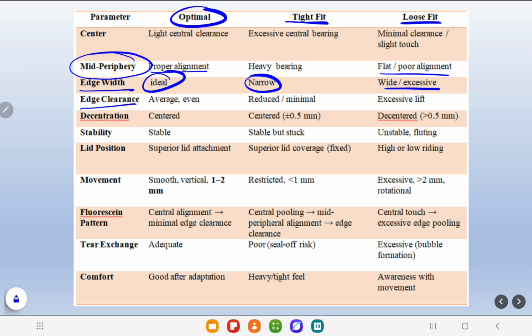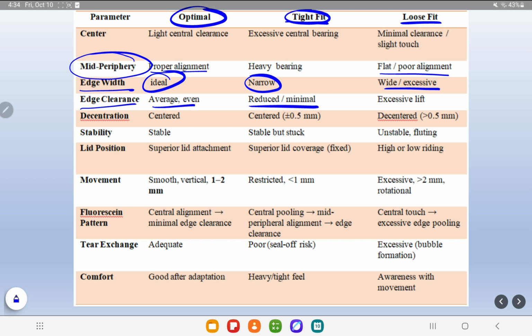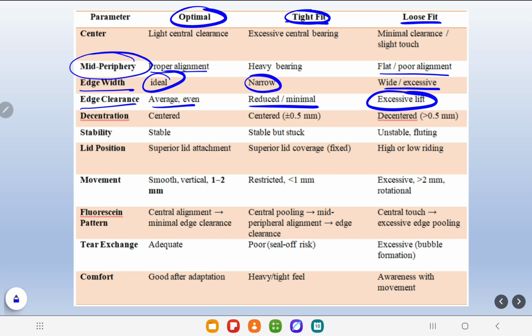Edge clearance is average for optimal, very reduced or minimal in tight fitting, but excessive in loose fitting. If this excess is even higher, you can see a bubble there. For tear exchange, it is adequate in optimal, poor in tight fitting with seal-off, but excessive in loose fitting, and sometimes you can see an air bubble.